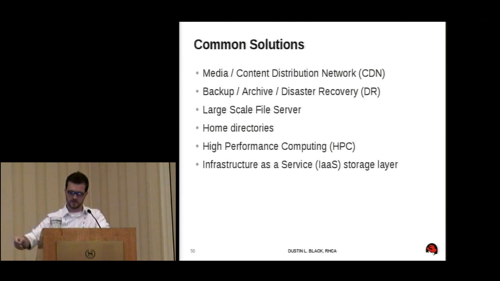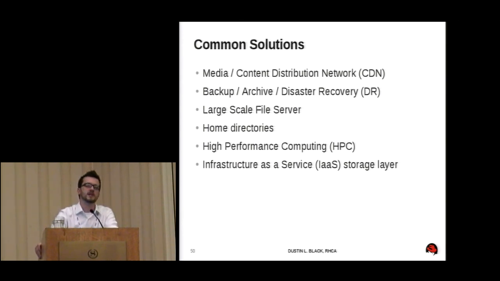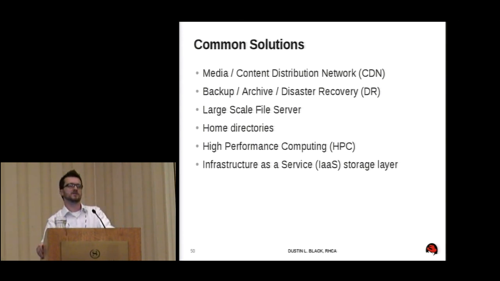Another one of the interesting ones is HPC. I like that scenario because it's a little different than some of the other use cases. The Gluster backend storage being able to scale in a similar way to how you're going to scale your HPC environment. You're going to be able to use that commodity hardware in a similar fashion.